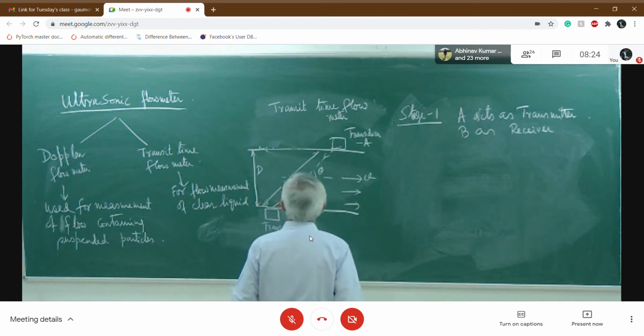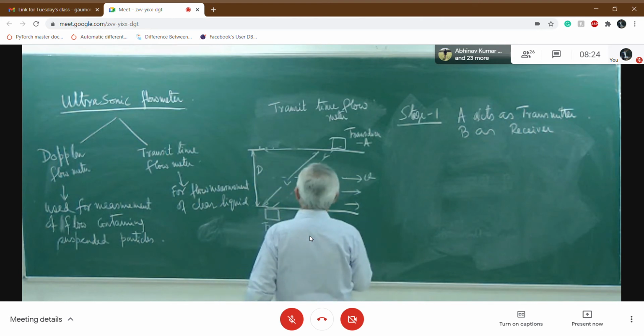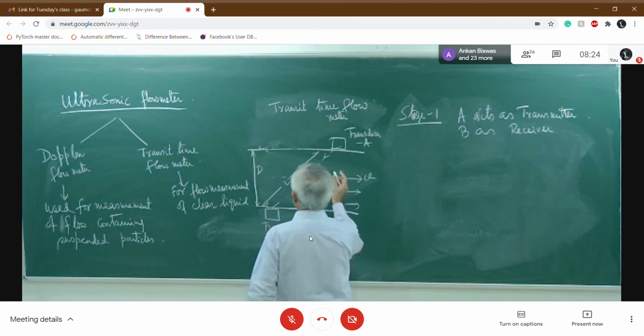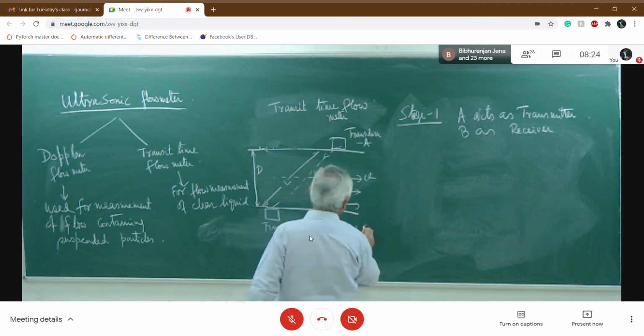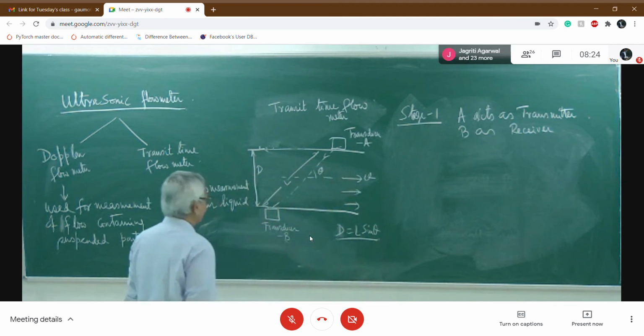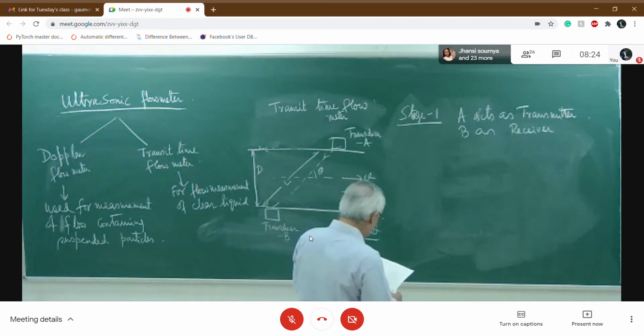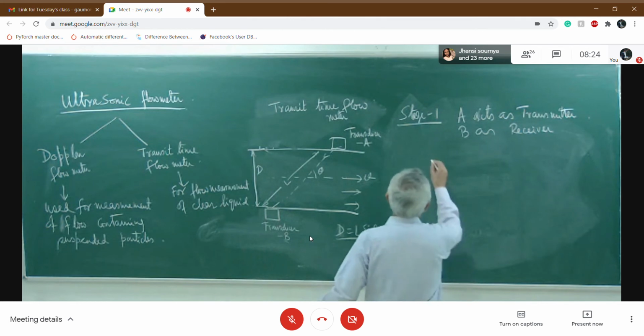So we can say that D is equal to L into sine theta. We know that. So L is equal to D by sine theta.